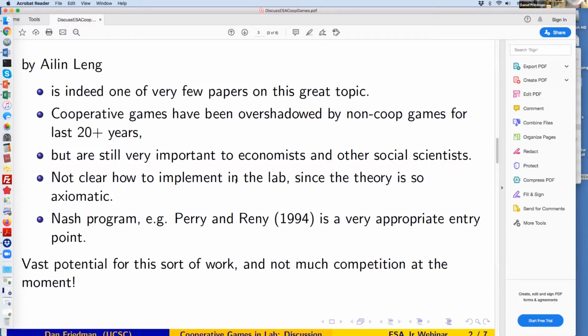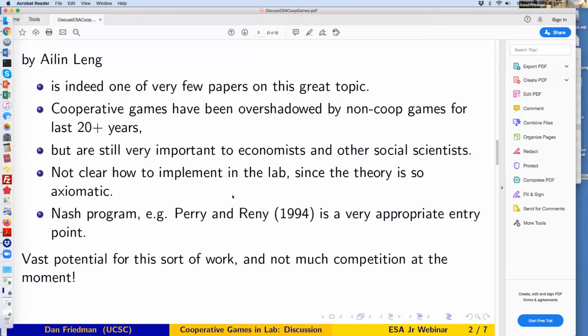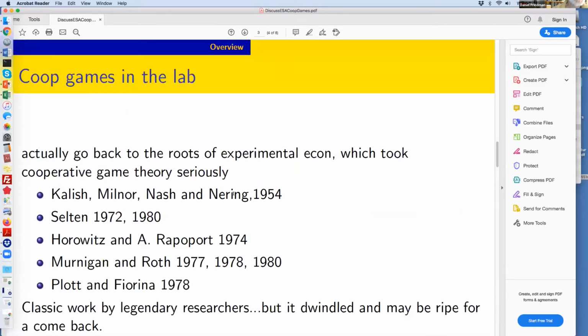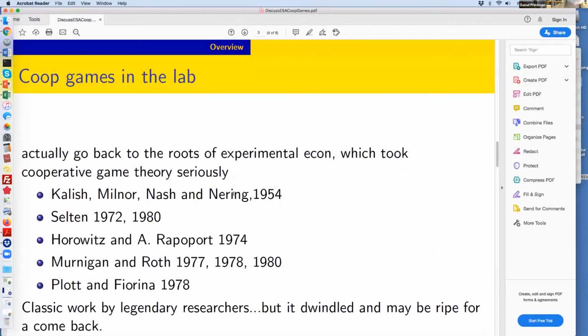The paper by Perry and Reny that Ailin mentioned, I think, is a key, because it connects, sometimes called a Nash program, general cooperative games, that is in characteristic functions, to non-cooperative games, and implements the core concept. So I would like to say that there's a vast potential for this sort of work, and not so many other people doing it at the moment.